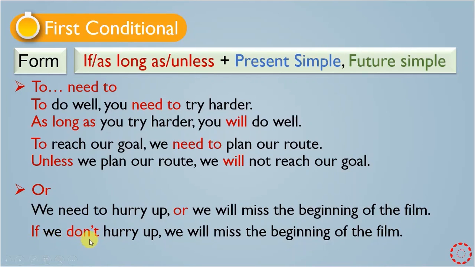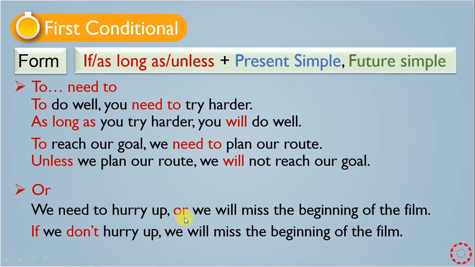We change the form from positive to negative, because or here has a negative role. If we don't hurry up, this is the negative form, we will miss the beginning of the film.